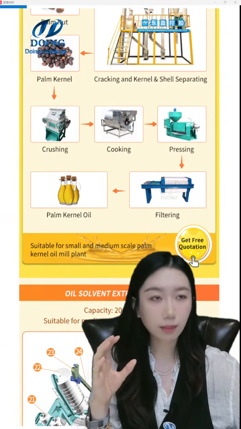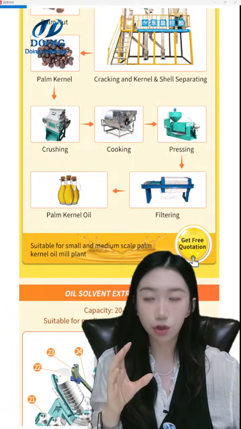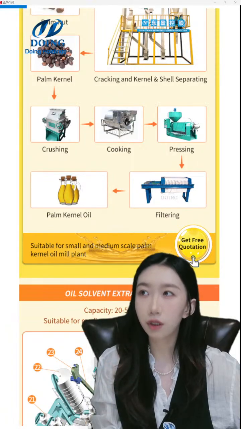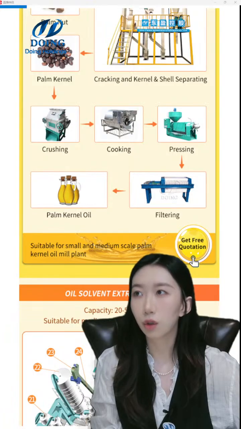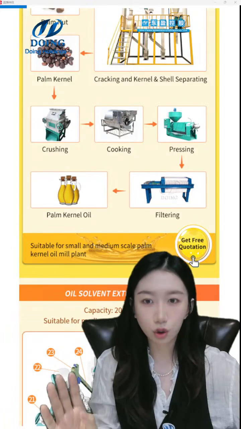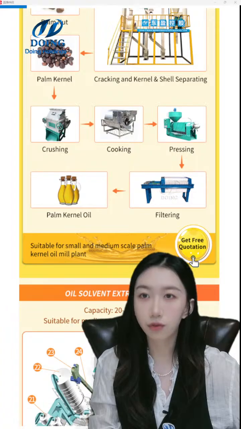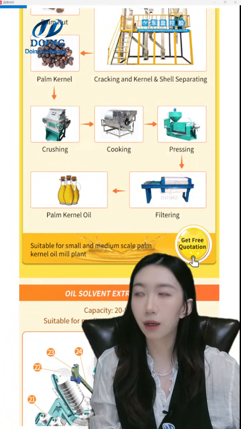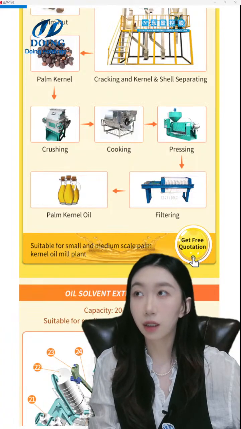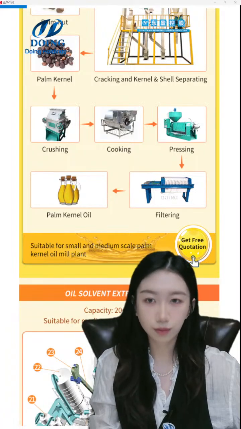The palm kernel size is large, so the first pre-treatment step is crushing, to destroy the structure of the palm kernel.